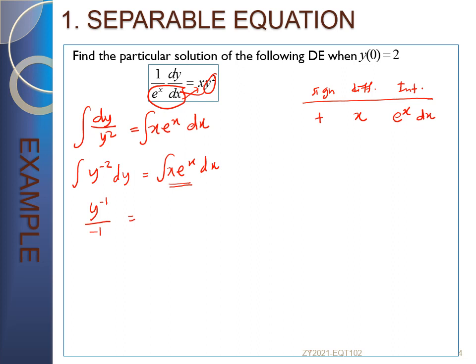The sign alternately changes, and differentiate x you get 1, differentiate 1 you get 0. So you stop here, only 3 times. Exponent x, you still get exponent x, exponent x.